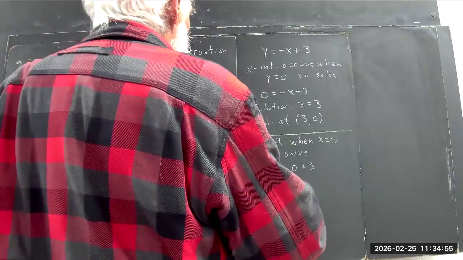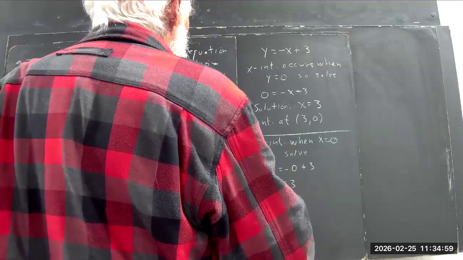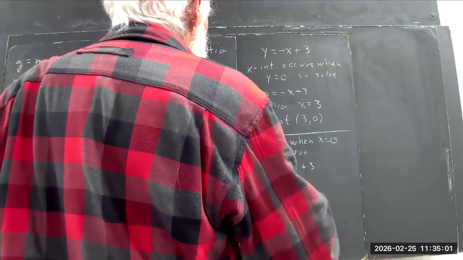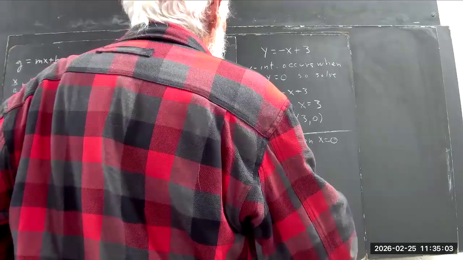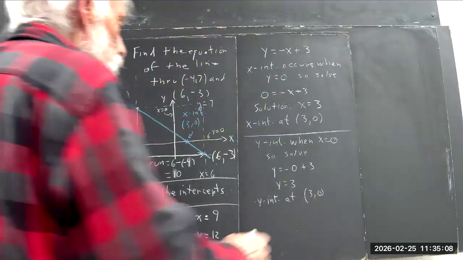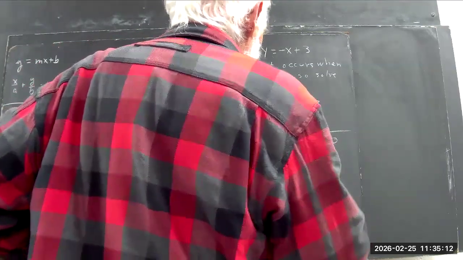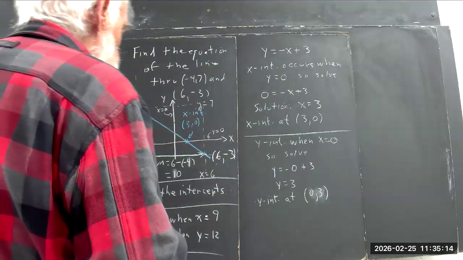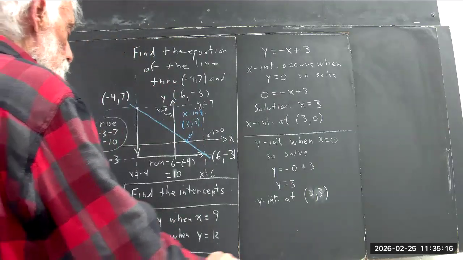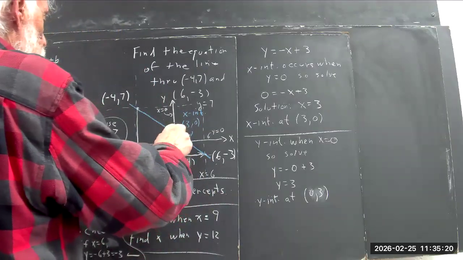What do you get? You get y equals 3, so the y-intercept is at the point 3, 0. Oh, sorry, 0, 3. So that would be this point.